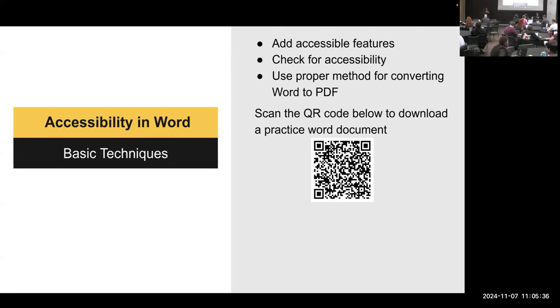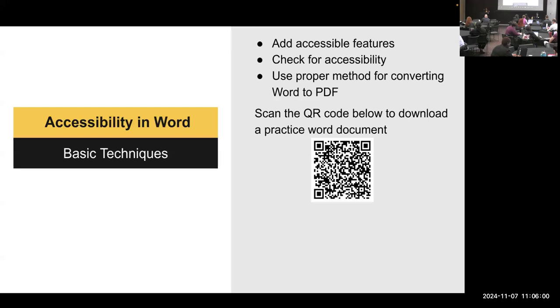It'll miss quite a few. So you have to be very mindful when you're creating your Word document that you are not solely depending on the accessibility checker of Word, but knowing that these are the features that I should have in my document for the document to be finally accessible.